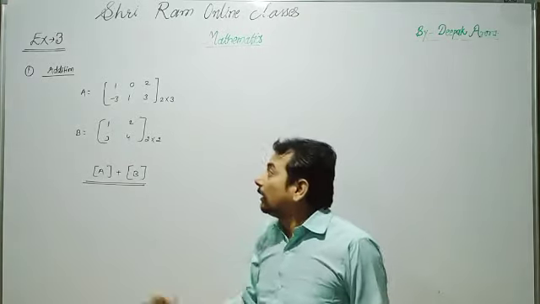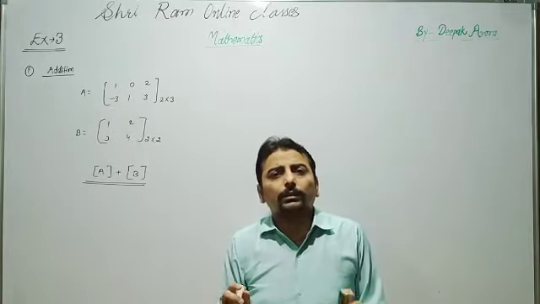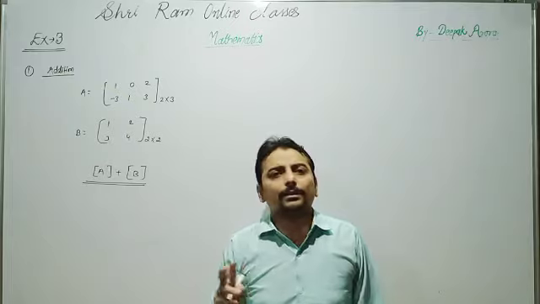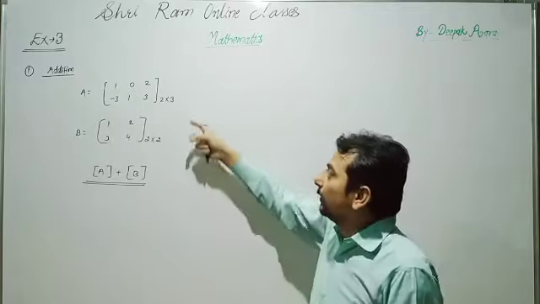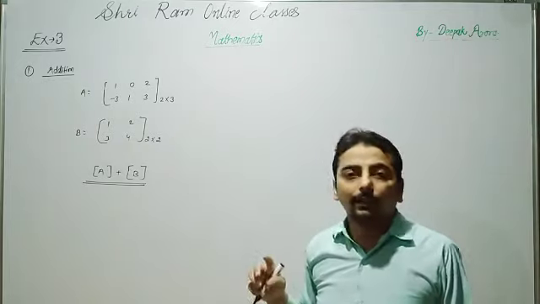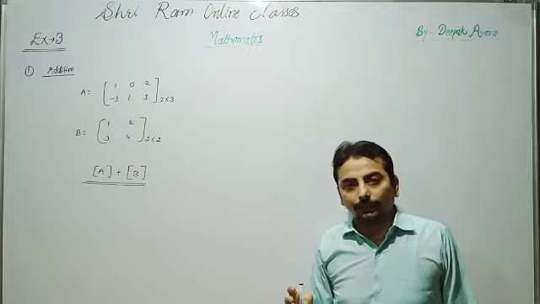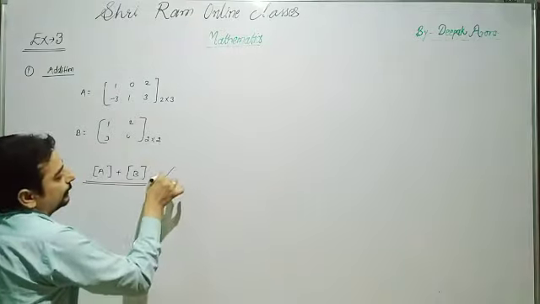The addition of A and B matrices is possible only when both matrices have the same order. Like 2 cross 3 and 2 cross 2: the order of A is not equal to the order of B, then A plus B is not possible.